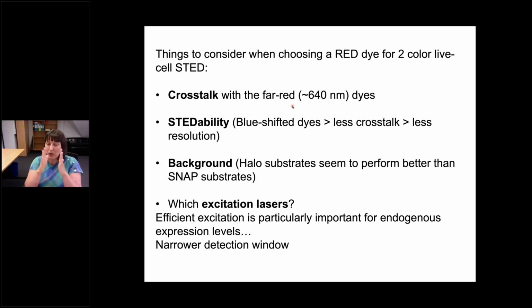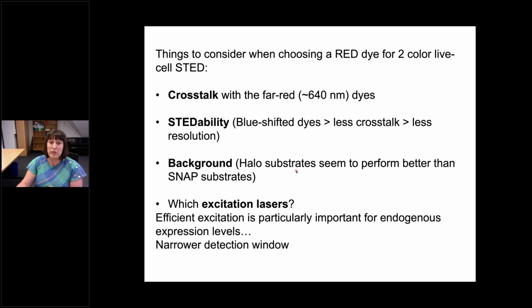These dyes are very close in spectra, so one has to be careful that, for example, your 640 excitation laser does not excite the red dye. Then there is STEDability: if you pick a dye that is further out into the blue, you obviously have less crosstalk, so you solve the first problem, but you will get less resolution because your dye is less efficiently hit by the 775 STED laser.